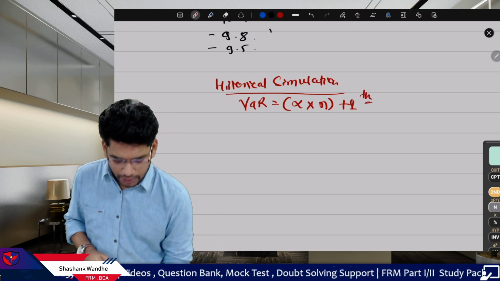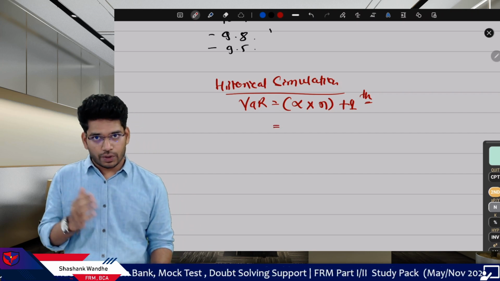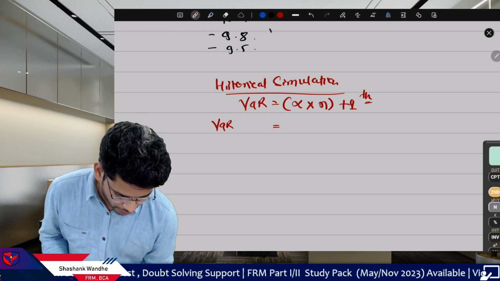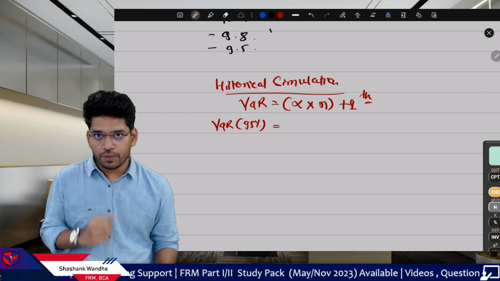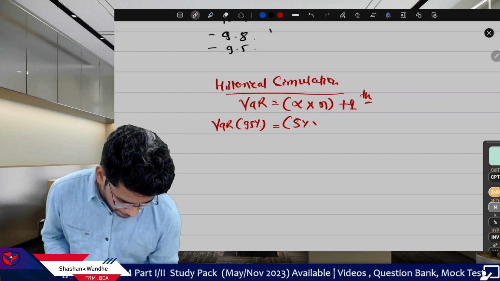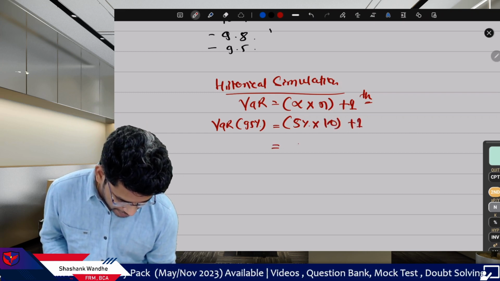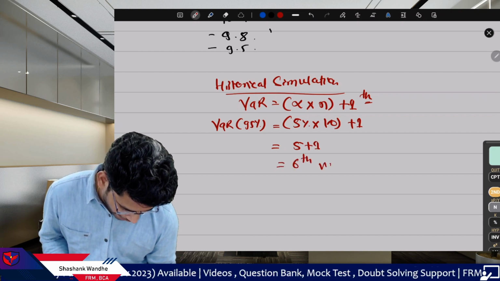Now we will use this formula in our case. We are calculating value at risk for a 95% confidence level, so obviously our significance level is 5%. So 5% multiplied by 100 plus 1: 5 plus 1 is equal to the 6th value.